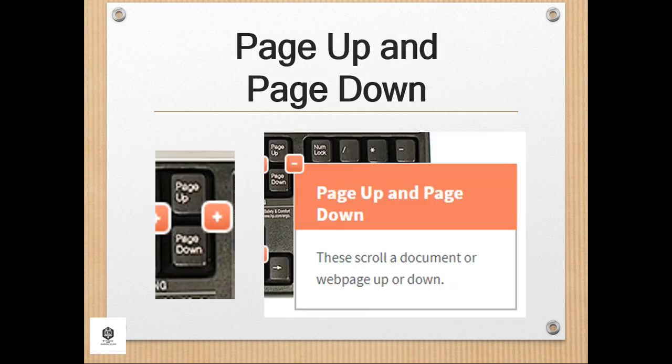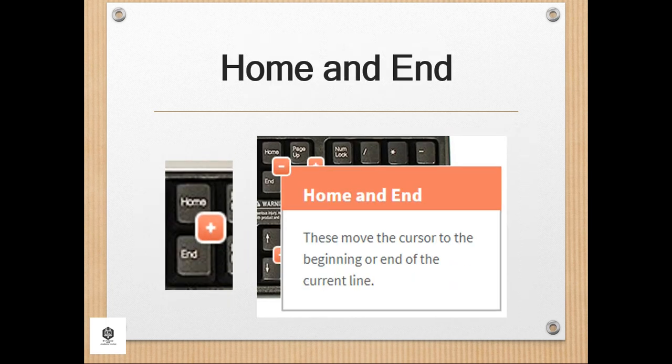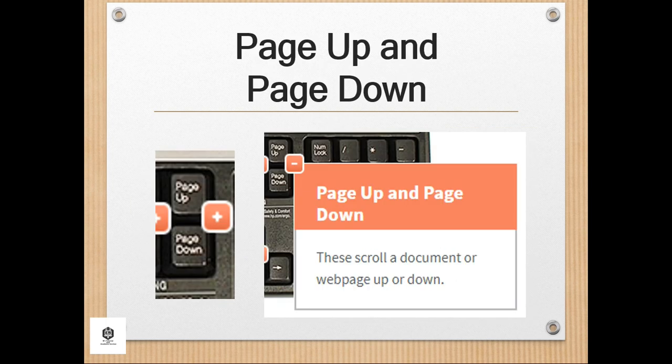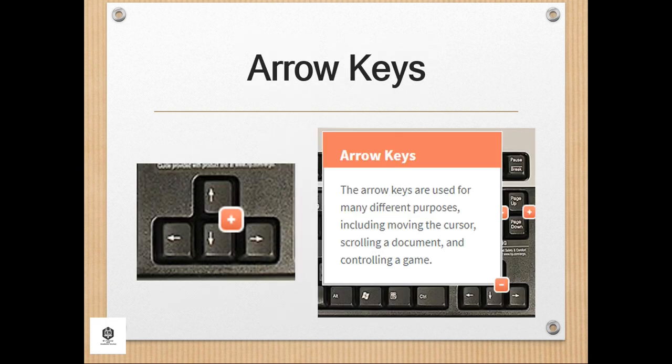Home and End. These move the cursor to the beginning or end of the current line. Page up and page down. These scroll a document or a web page up or down. Arrow keys.